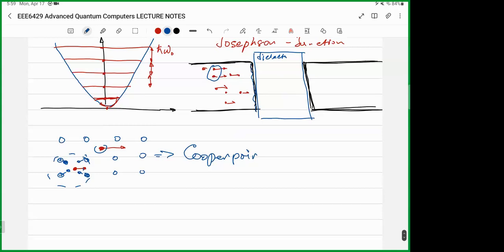So the Cooper pair is a combination of at least two electrons.